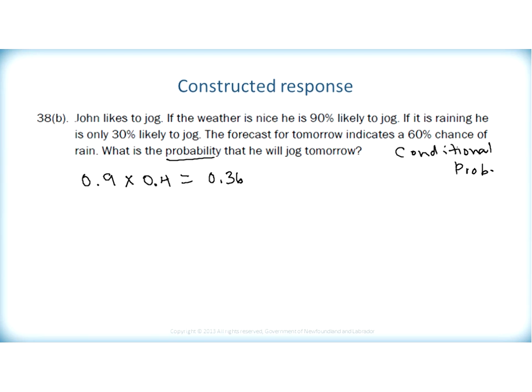If it's raining, he's only 30% likely to jog, and tomorrow there's a 60% chance it'll rain. This gives us 0.18. So he can jog when it's nice, and he will jog when it's raining. The total will be 0.54. Or tomorrow, he has a 54% chance of jogging.